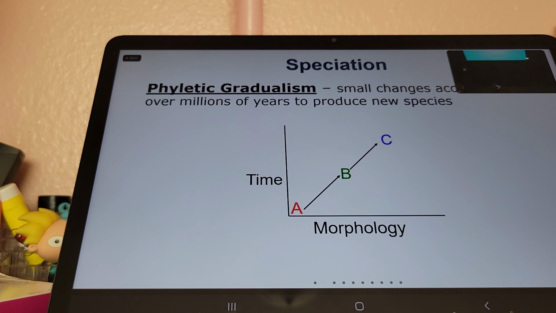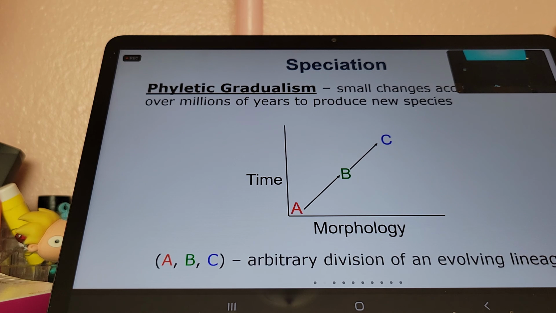Then you have the same process, a gradual evolution into species C, the most recent of the three species. So you have three species, all part of the same lineage. A is ancestral to B, B is ancestral to C, and it's an evolving lineage.